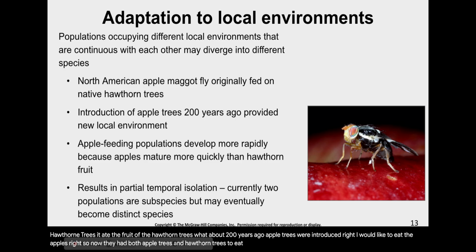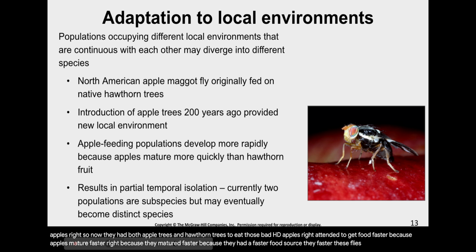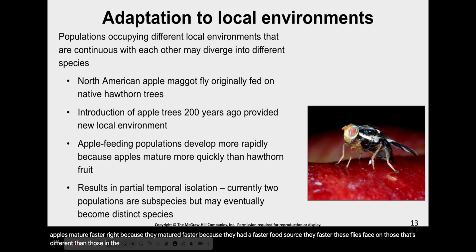Those that ate the apples tended to get food faster because apples mature faster. Because they had a faster food source, they started to reproduce faster, these flies, which is different than those eating the hawthorn fruit. The hawthorn fruit took a little bit longer to ripen. So these flies that depended on the hawthorn fruit had their reproductive cycles a little bit later.